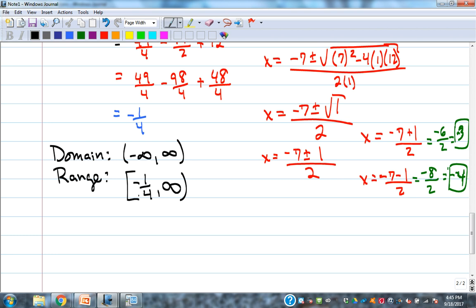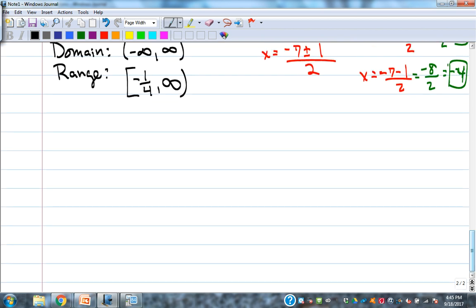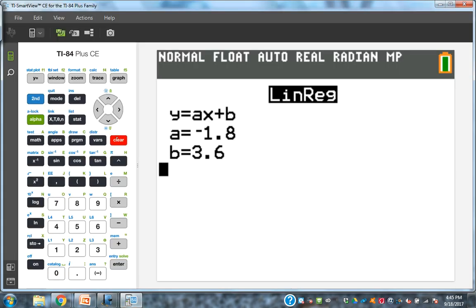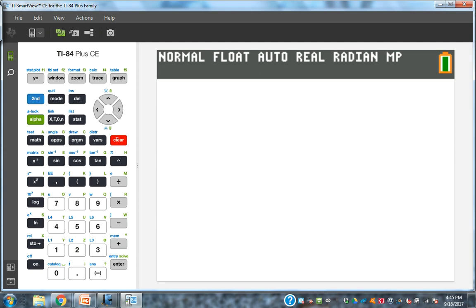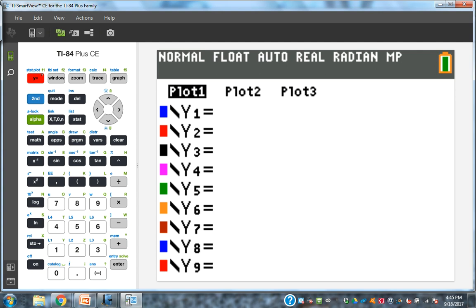All right. Now, we'd be remiss if we did not look at the graph of this. So let's use that nice fancy $100 calculator we got and look at the graph of that. This is also helpful in getting rid of the problems that you'll have when you do a linear regression and then you go back to do regular math. So here's what we've got to do. Hit y equals. If you've got any equations in there, clear them out.